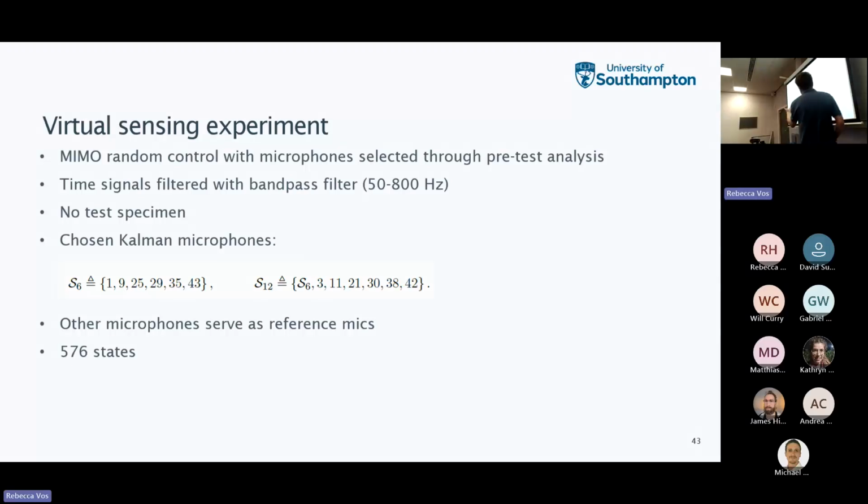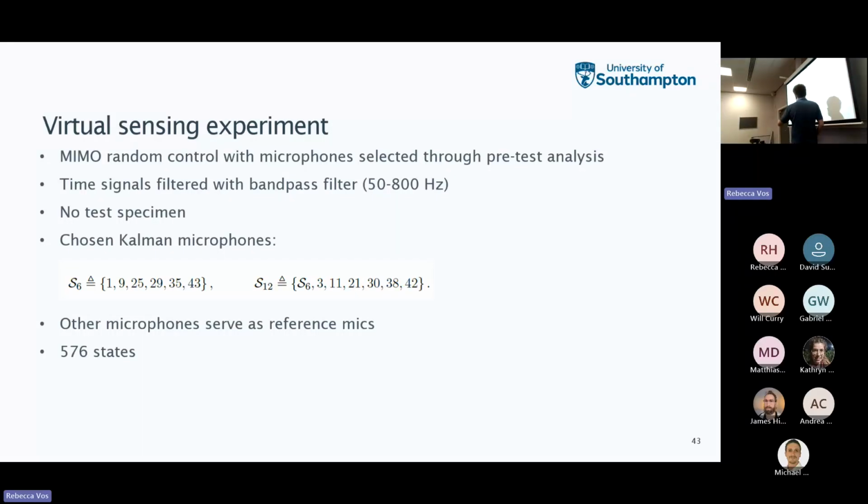We measured, did some filtering on the time domain signals, and didn't use any test specimens to make the setup easier. Then we chose some microphones to be put in this gamma filter. We did two experiments, one with 6 microphones, one with 12, and the other microphones were used as references.